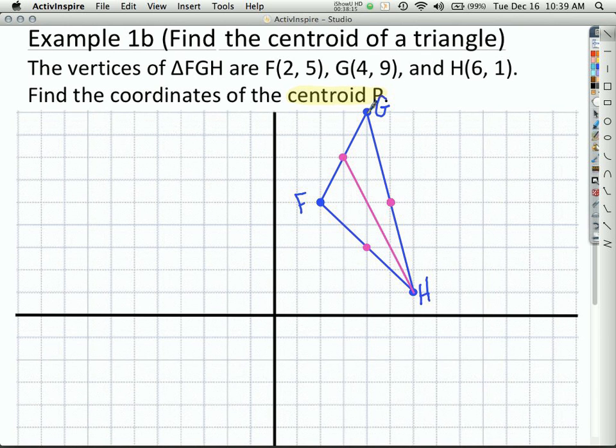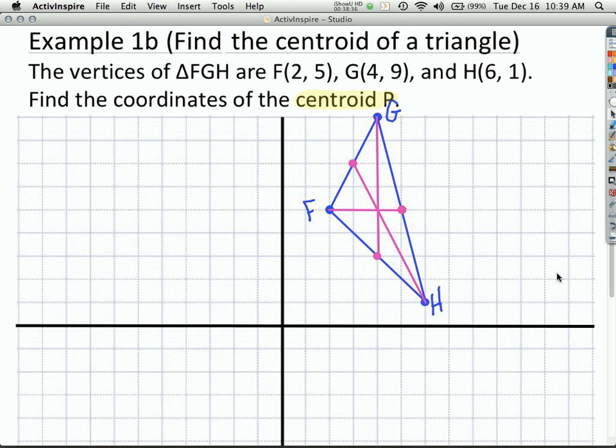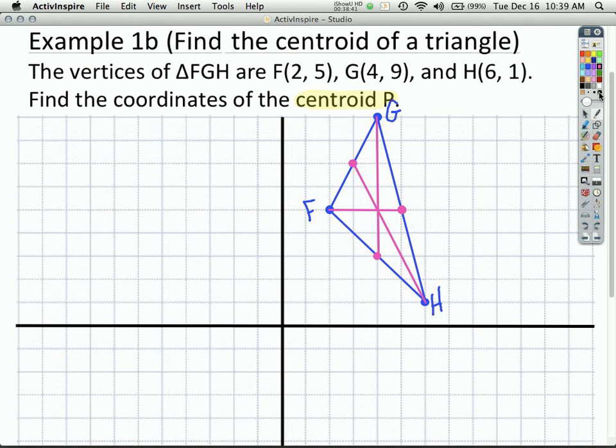This median is going to go from G right there. And this median is going to go from F to the midpoint of the opposite side. And so now we think we've got the centroid. It's where they cross right there.